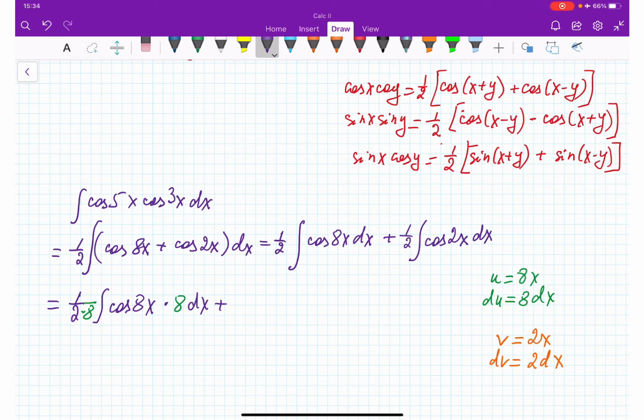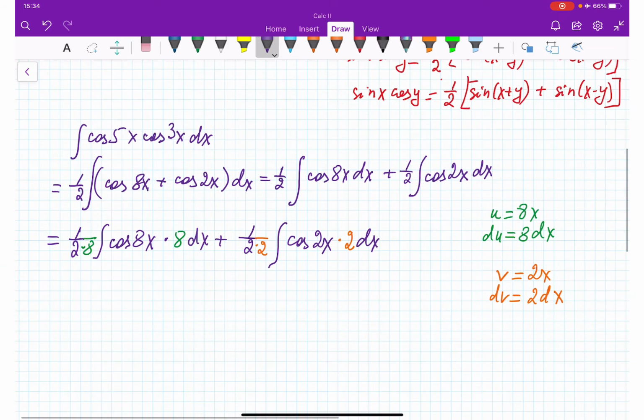And then plus 1/2 integral. We have cosine 2x, and we need 2 dx, so times 2 and divide by 2 here also, not to unbalance the integral, and we have 2 dx.